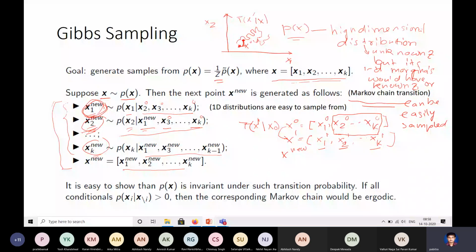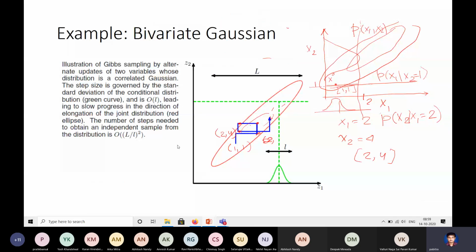I may drop those updates, because they are known, and use their fixed values in all these calculations. If that be so, it's called collapsed Gibbs sampling. And this process of dropping some of the parameters is called a Rao-Blackwellization process.